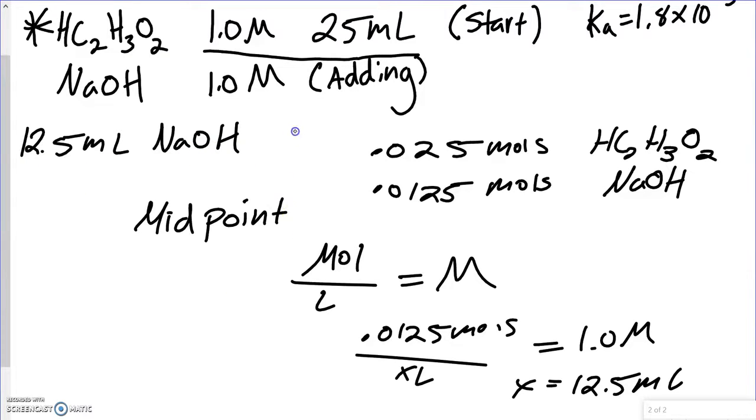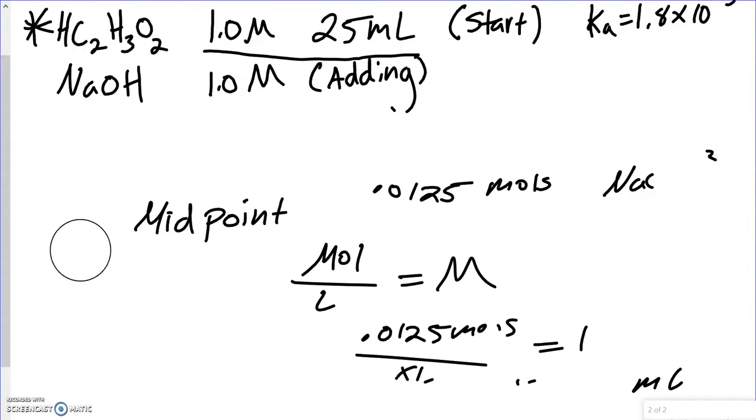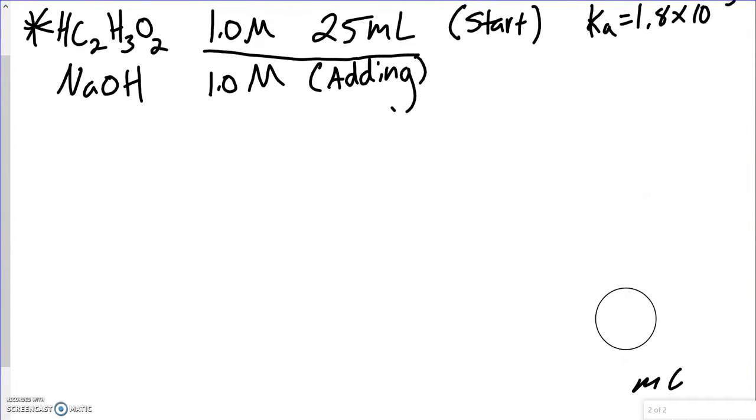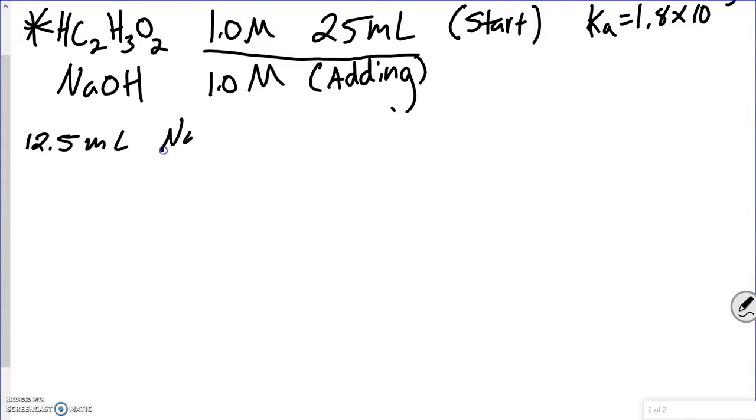So let's look at the math involved of actually doing this. Okay, let's get rid of all this real quick. I didn't mean to erase that, so let me write that back up there: 12.5 milliliters NaOH. So remember what we talked about in class today. Adding a base to an acid means we have a reaction. What is that reaction?